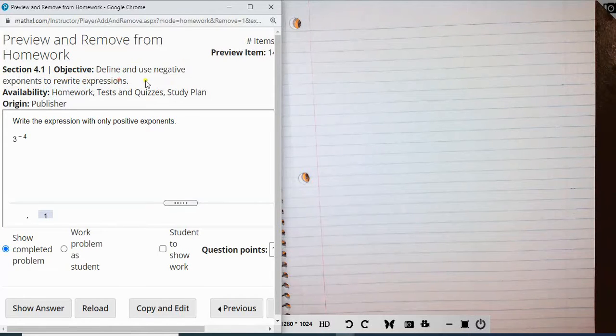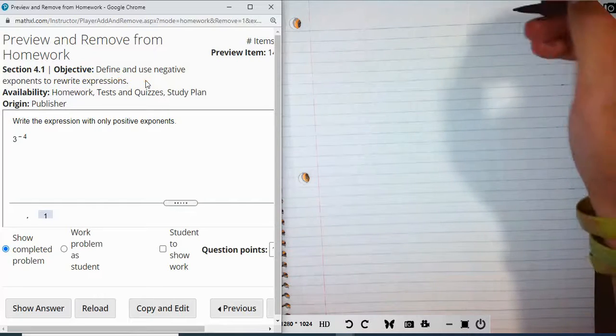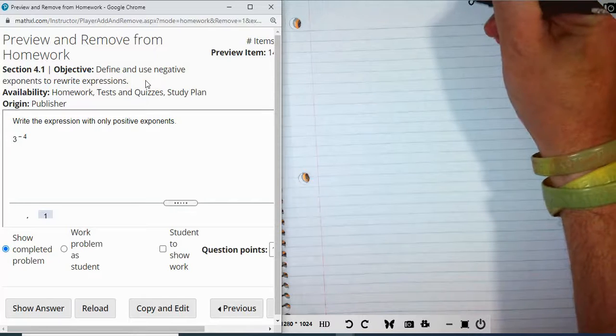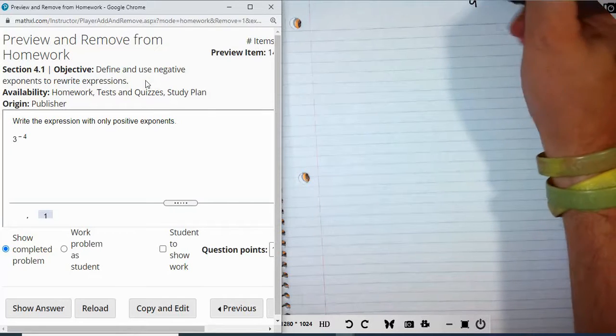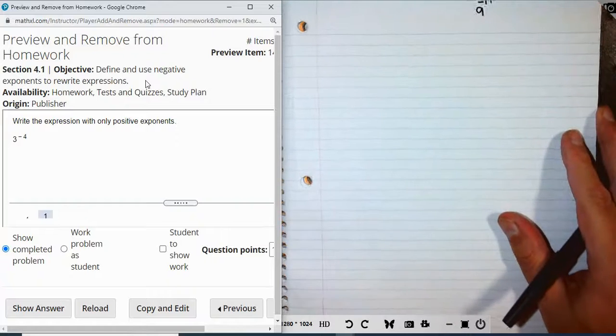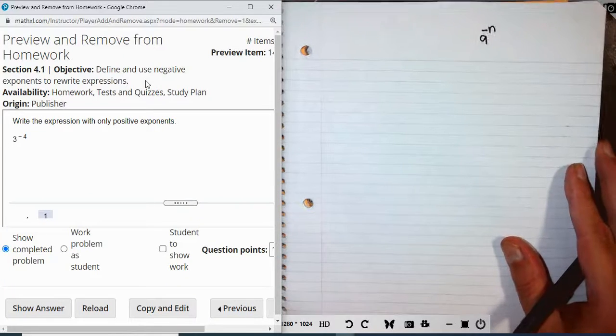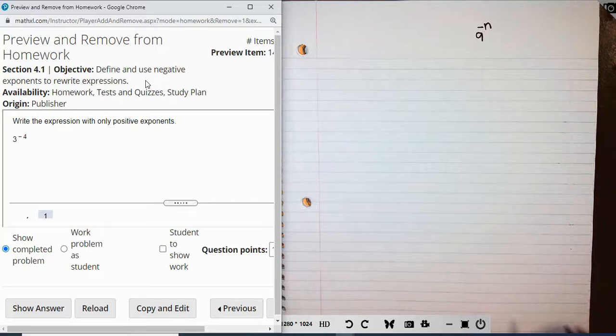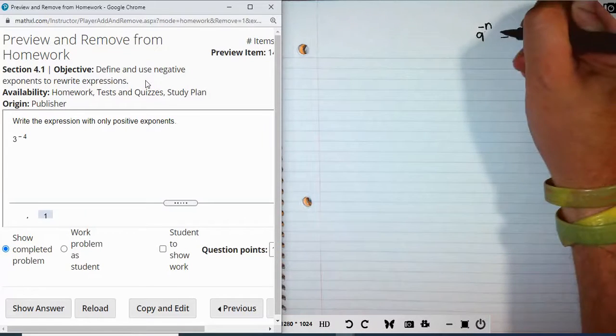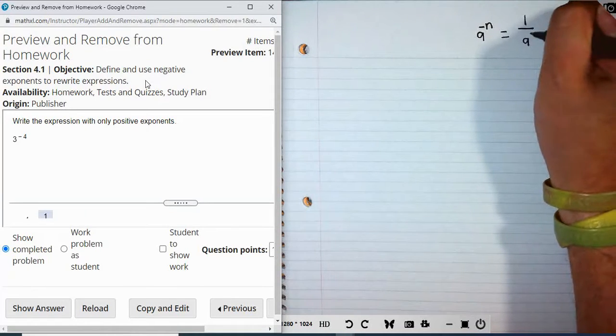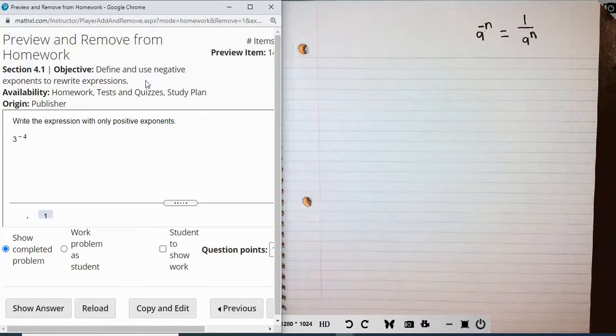All right. So let's think about what the negative exponent rule is. Remember, a to the negative n is equal to 1 over a to the n. So basically, a base to a negative exponent is the reciprocal of that base.